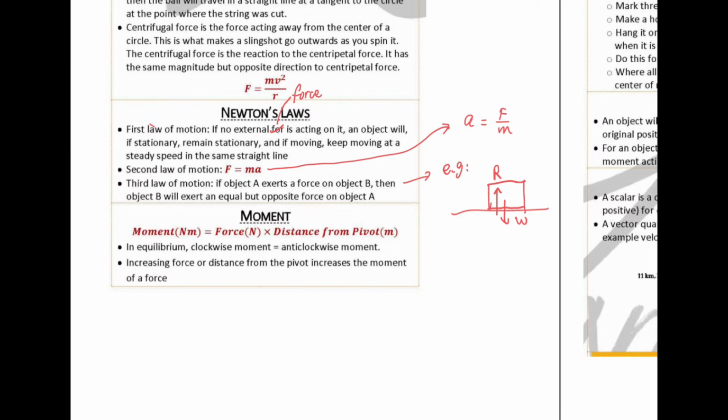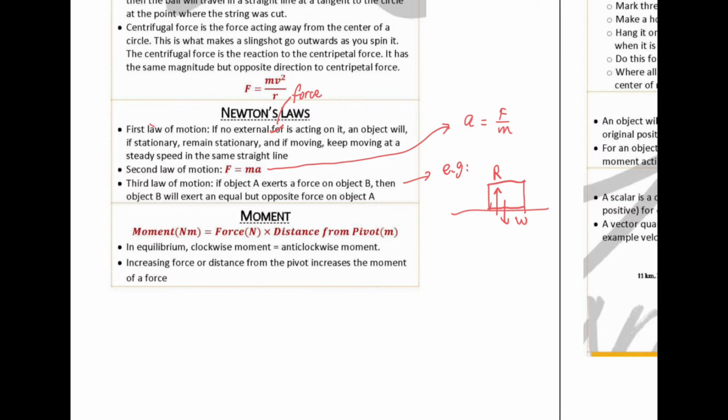It doesn't sink all the way down to the bottom, because there are forces that balance back with the weight. So there are action and reaction: the action is the weight, the reaction is the normal reaction. So we have the third law. Okay, so we have the first law, second law, and third law now.